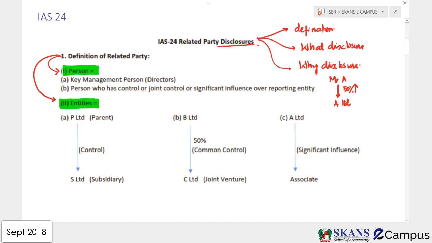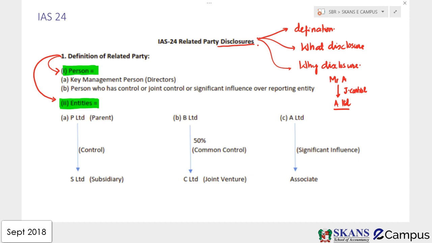In the same way, if Mr. A is not having control, but he has a joint control along with Mr. B, so Mr. A and Mr. B both have a joint control over A limited, then we'll say that A limited has two persons in relation of related party.